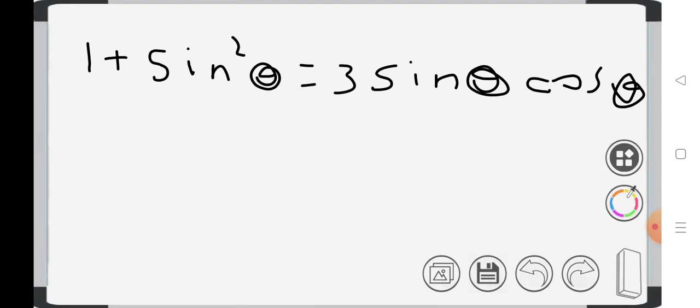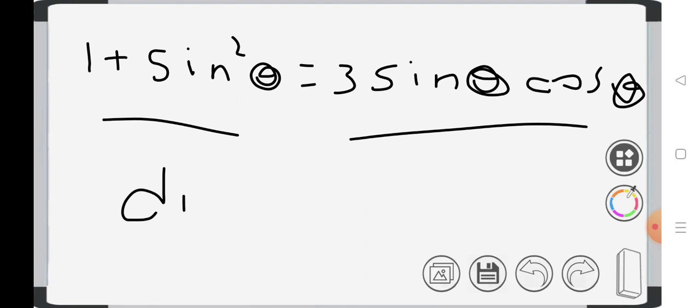So what I will do is divide both sides with cos square theta.